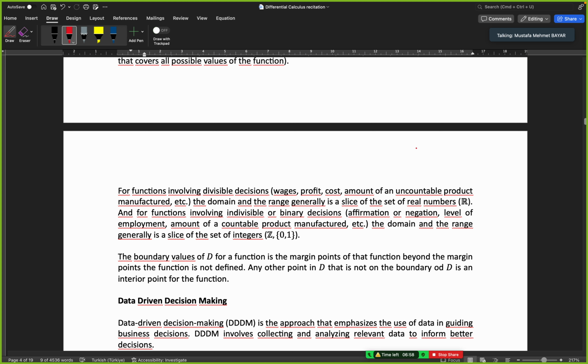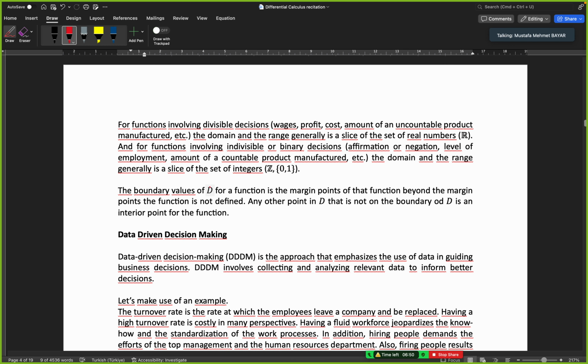Then the domain is generally either the set of integers or a slice of it. So in the set D, in the domain set, the boundary values are called the margin points. So this is all about the notation of functions.